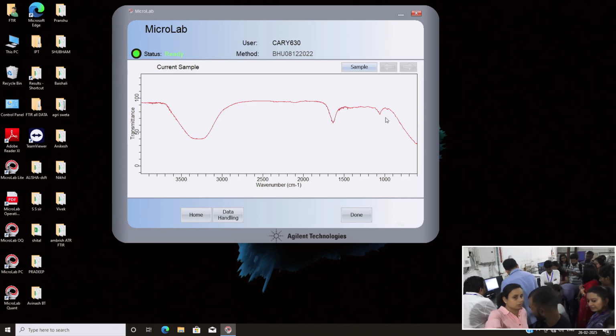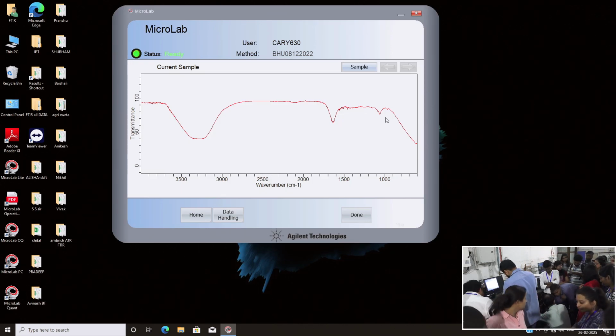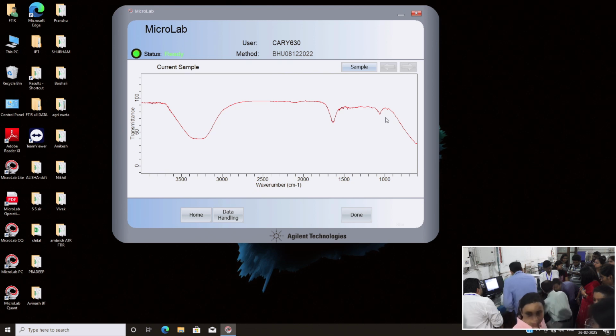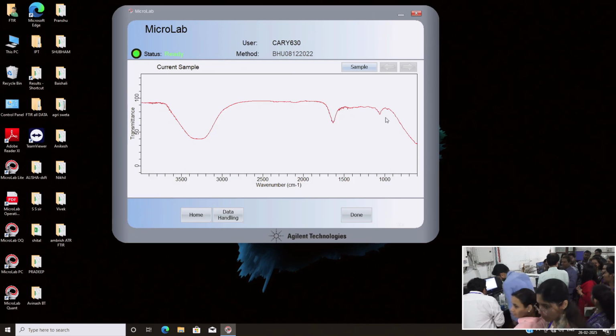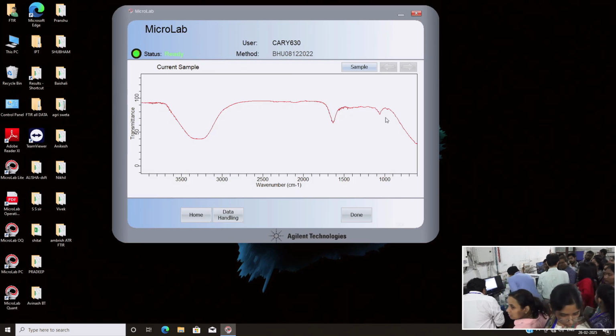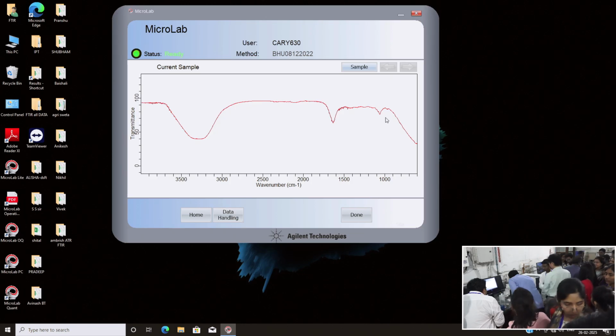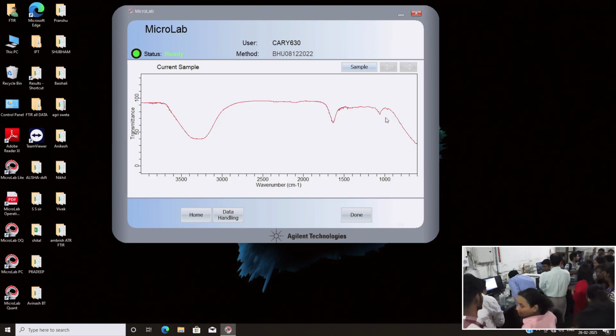So can we divide it in three parts, because many students are at the back and are not able to see. So let's make it three groups. Break it into 3 groups.